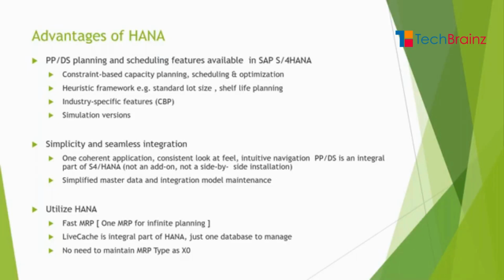However, in HANA, we have only one MRP, called live MRP. Only that can be used, and it will internally differentiate the products which will be planned in MRP in HANA from the products which can be planned in PPDS. However, for users or planners, it's a single planning tool which plans all the products in one go.